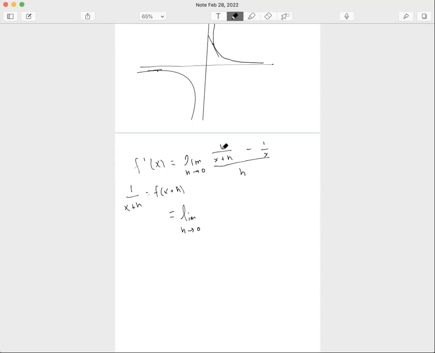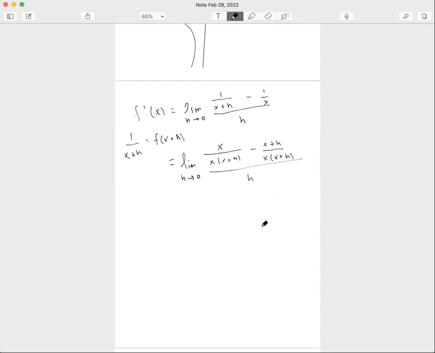So I actually have to multiply an x to this first term here, right? So using the common denominator, I have x divided by x times x plus h. And then to the second, I have to multiply an x plus h. Okay, so what happens in the numerator?